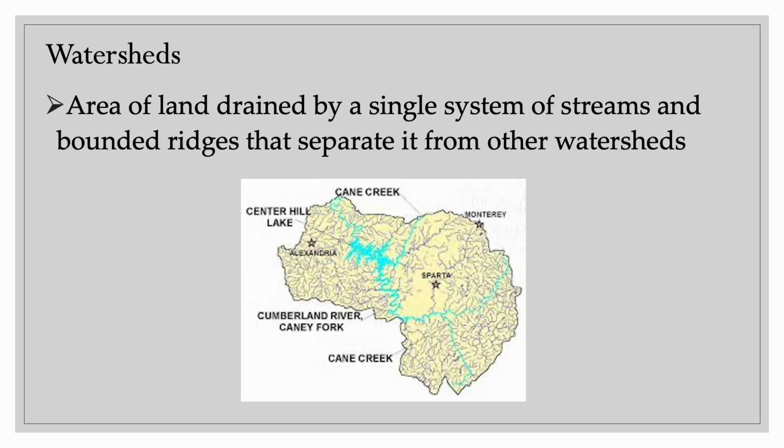So it's important to understand what a watershed is, because this is our water bank account. This area has a system of streams and elevation, and higher elevation runs to lower elevation. That's where the water goes into the streams, and then ultimately out some lower elevation of that watershed into a different area.